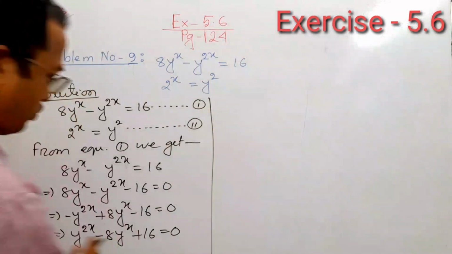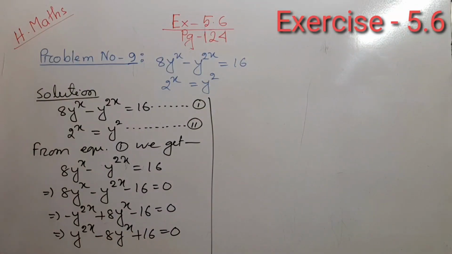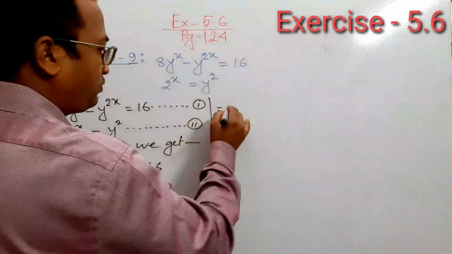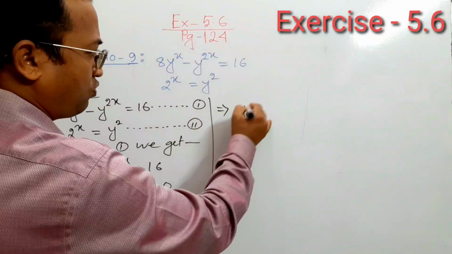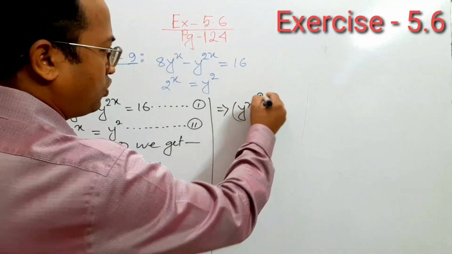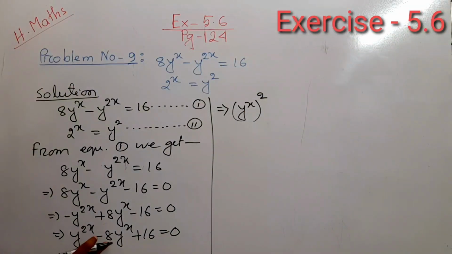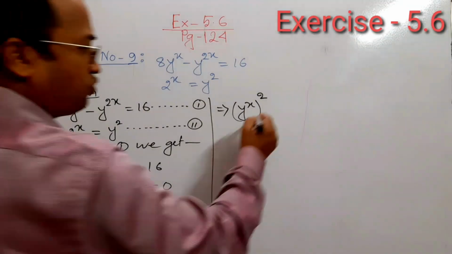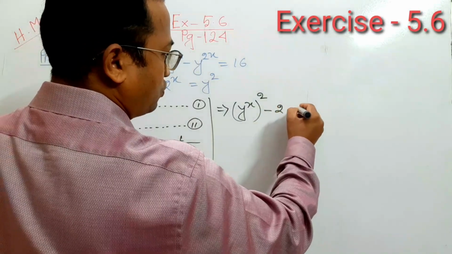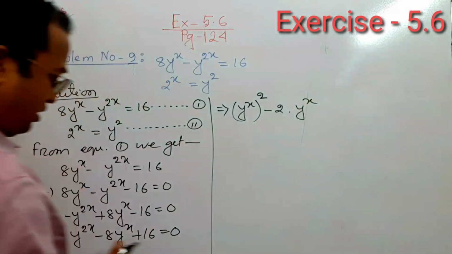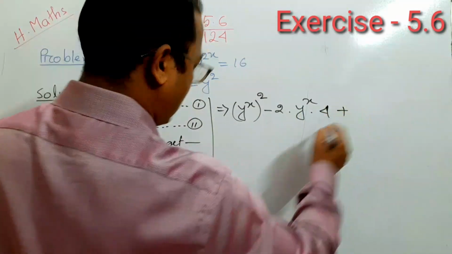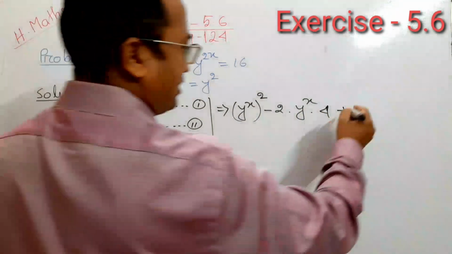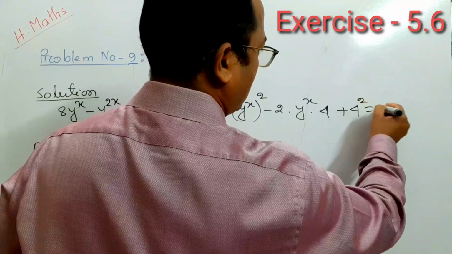Now look at this equation. This is a format of a formula. Which kind of formula? Look, y to the power 2x we can write as y to the power x whole square, and minus 8y to the power x we can write as minus 2 into y to the power x into 4, since 4 twos are 8, plus 16 we can write as 4 square equal to 0.